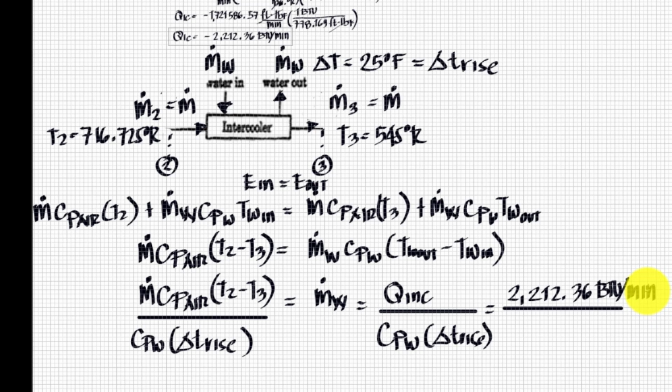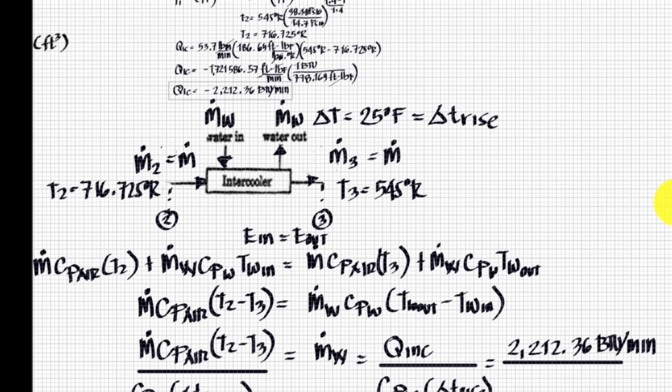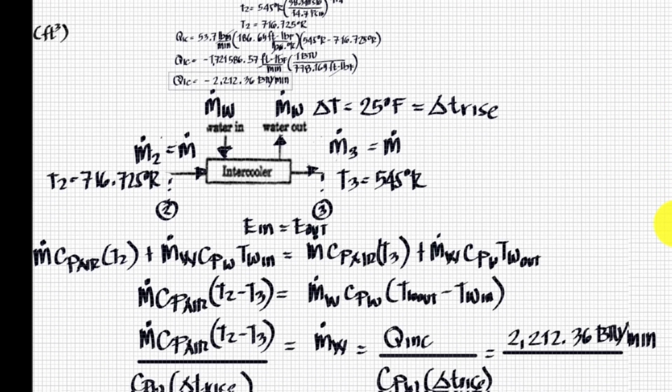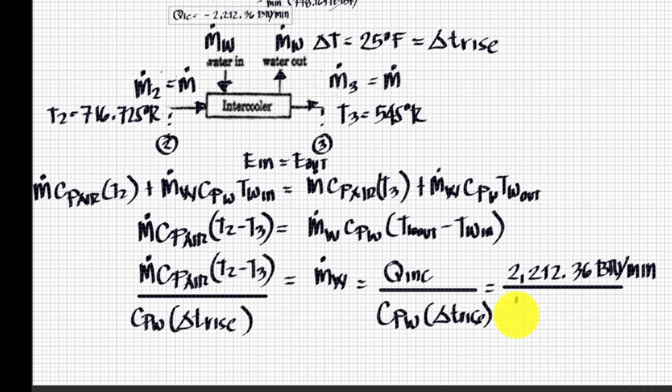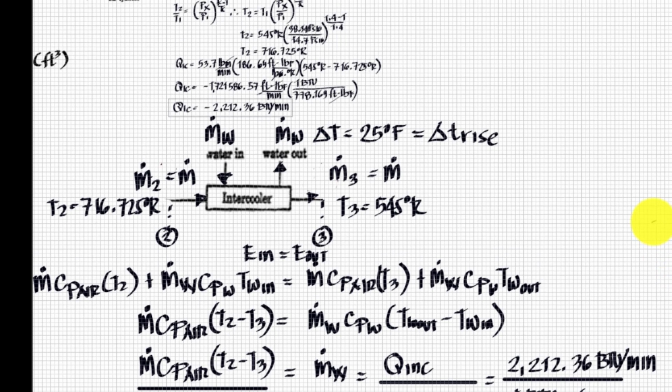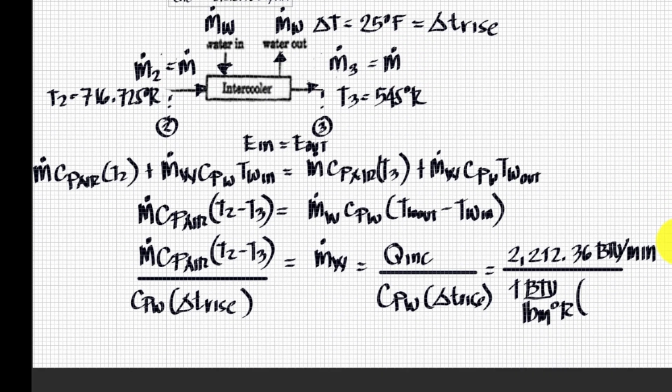Okay, and the specific heat of water previously, which is given in the problem, will be 1 BTU per pound mass degree Rankine. Then the rise in temperature, that is 25 degrees Fahrenheit.